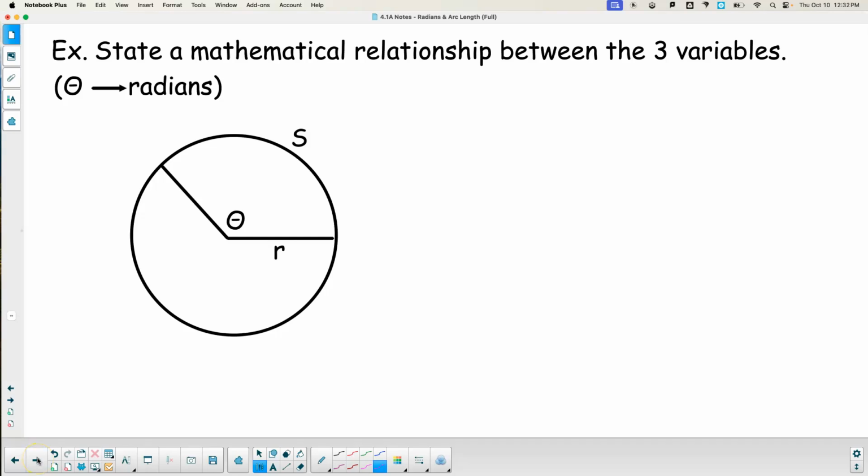Okay. So yesterday on the Smarty Lab, we were figuring out the relationship between those three variables. R, remember, is our radius. Theta is the measure of our central angle.